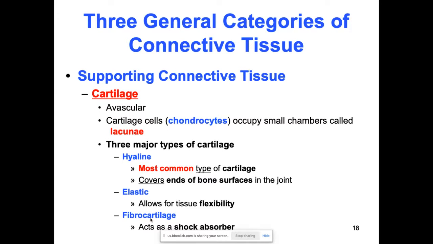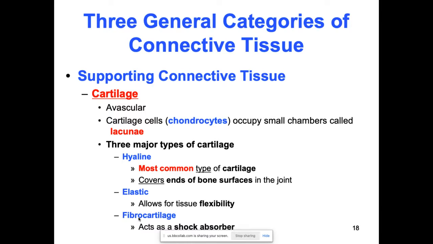Hyaline cartilage is the type of cartilage you find between your movable bones, like the glenohumeral joint, the elbow joint, the wrist, the fingers. Anything that is voluntarily movable and freely movable is going to have hyaline cartilage. So that's the most common type of cartilage that we see.